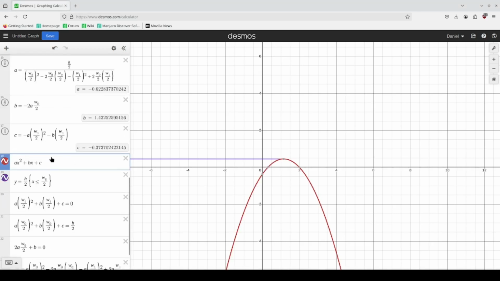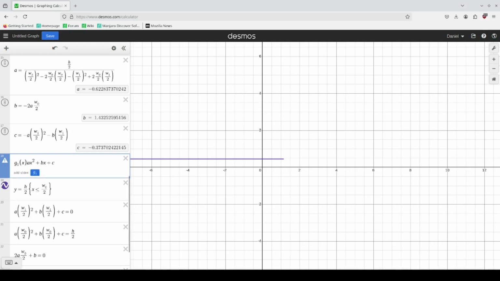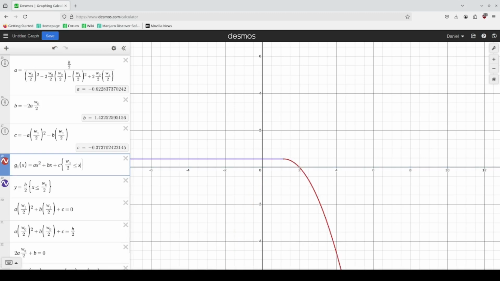All right, if you're trying to save time like me, here's what I suggest. You save your hard work into an equation here, and then you define your domain. So that would be from w sub 0 over 2 up to w sub 1 over 2.